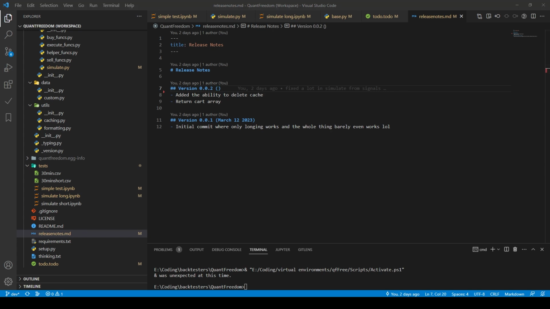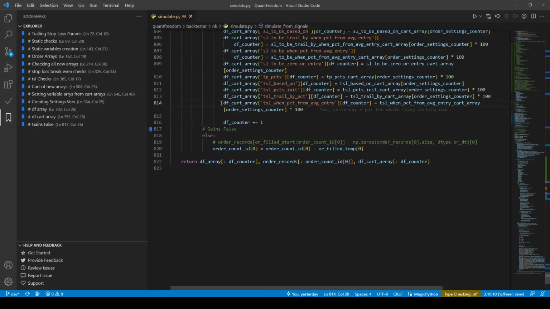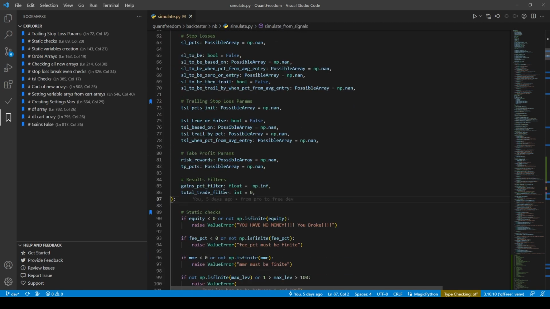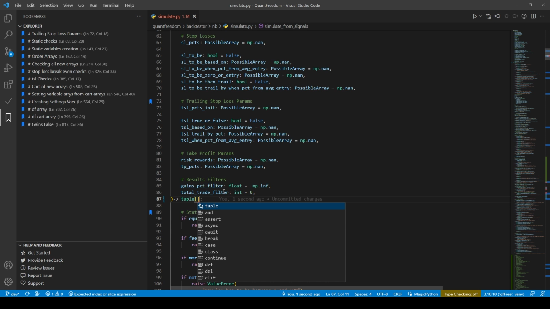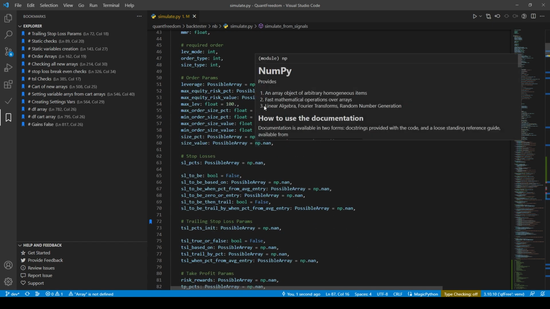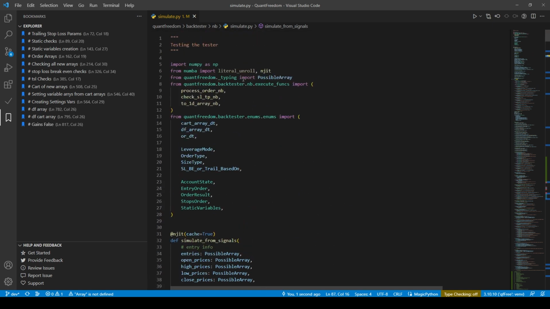Oh, wait a minute. I guess this. I'm returning a. Well, I'm not returning a tuple. I am returning 1D arrays. Array, one dimensional.